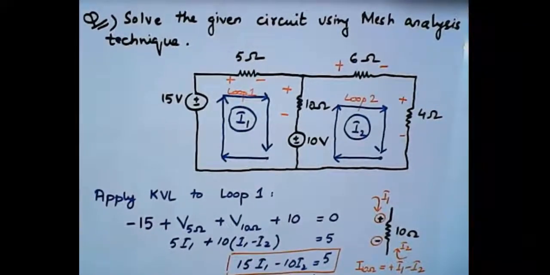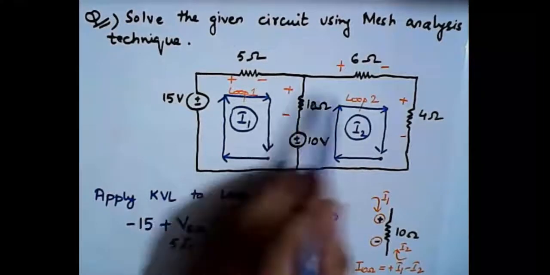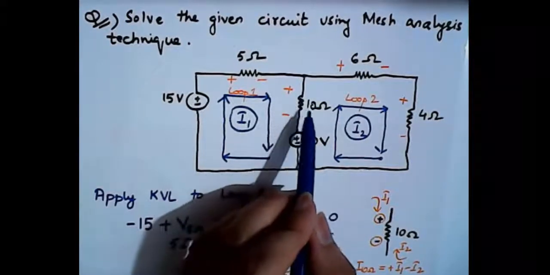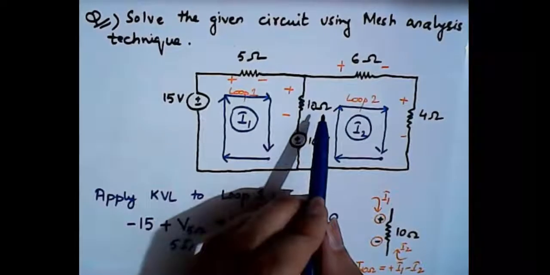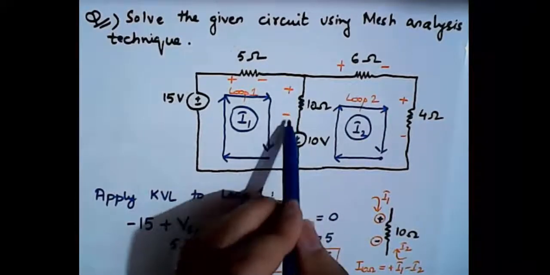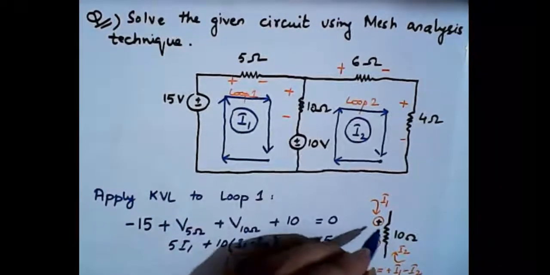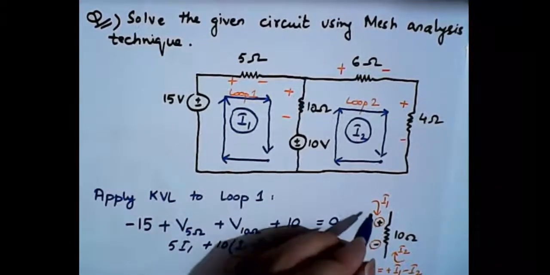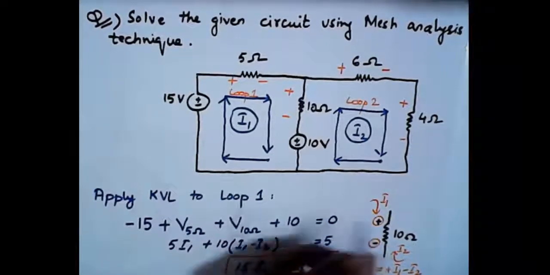So we have already designed our equation. Now again coming back to this 10 ohm resistance, we need to convert its voltage to a product of resistance and current. So what will it become? Minus, plus, right? Now we can see again the polarities are the same. I1 is entering the positive terminal, I2 is entering the negative terminal.